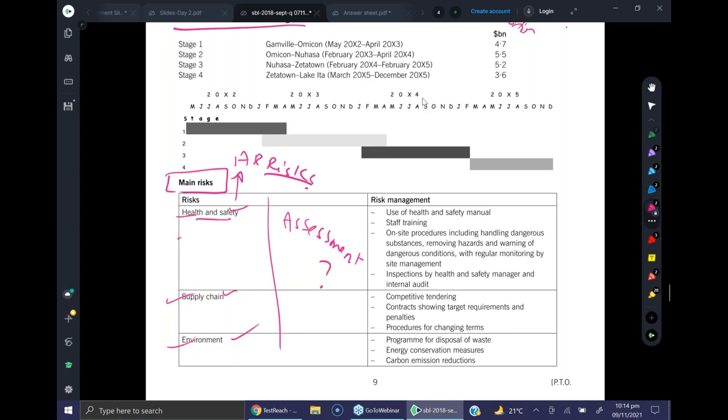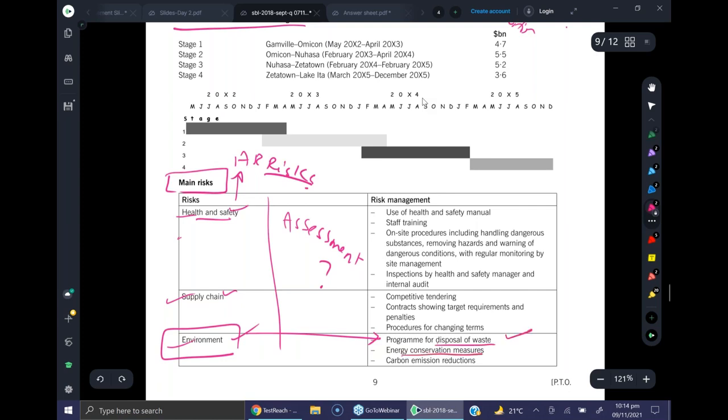And also, if you look at this specific environment risk, the risk management strategy is to have disposal of waste, energy conservation, carbon emission reductions. So environment risk is a big risk the company is facing. So there might be some more specific risk assessment and risk management mentioned?